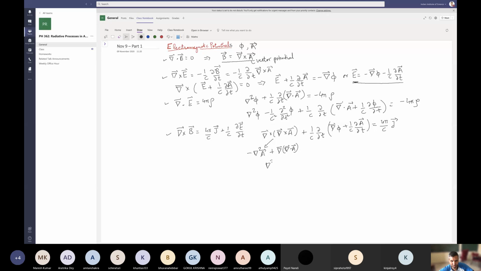So what we have is something which looks like the following: del squared A minus 1 by c squared dou squared A by dou t squared, minus gradient of del dot A plus 1 by c dou phi dou t.